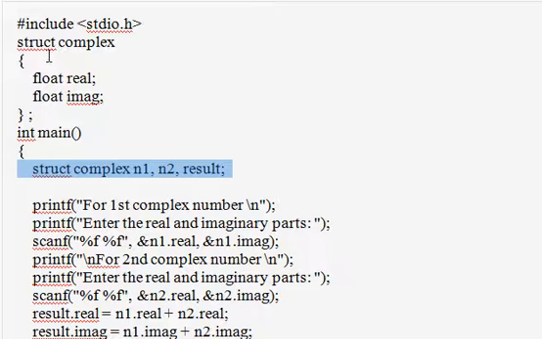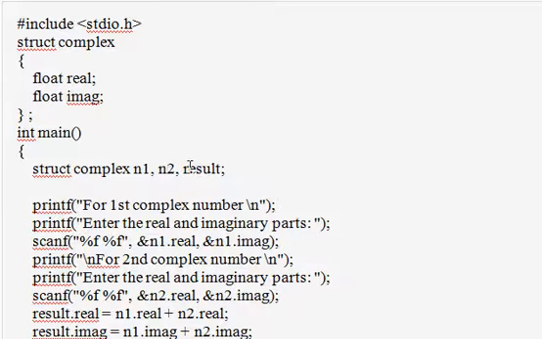To declare them we use struct complex, which is the structure name, and I am taking three structure variables n1, n2, result. n1 dot real and n1 dot imaginary give the first complex number. n2 dot real and n2 dot imaginary give the second complex number. Result dot real and result dot imaginary give the result complex number.